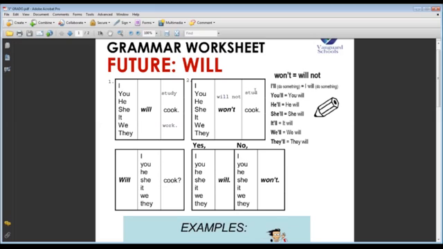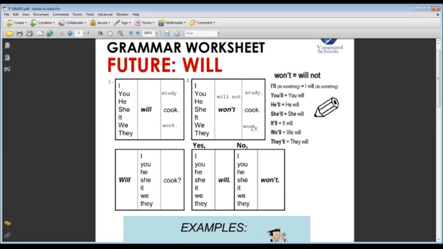Study. For example, I can say, you won't study English. Tú no estudiarás inglés. Or maybe I can use the verb work. And I want to say, she won't work. Ella no trabajará.